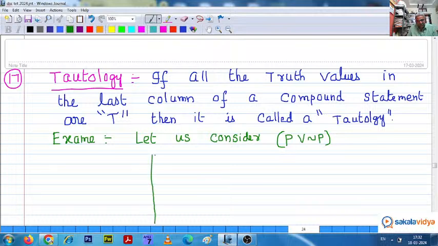Write down the truth values here. The last column must be always true.